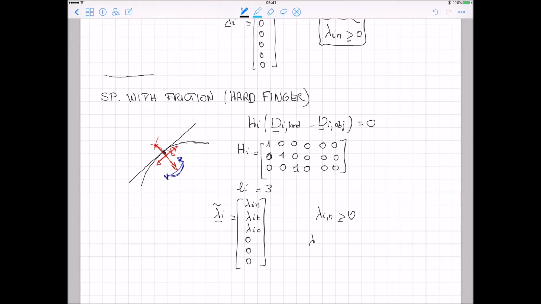But in this case we also have that the tangential component has to be lower or equal to the normal component multiplied by this coefficient, that is the friction coefficient between the contact surfaces, that depends on the contact properties, for example, on the material, on the state of the surface, on the roughness, and so on.